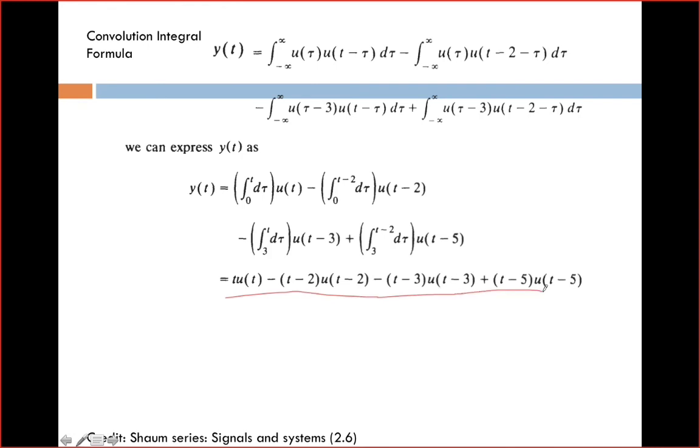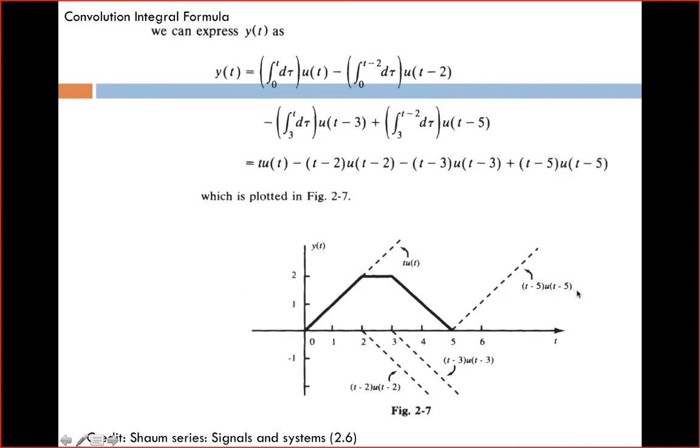Now we have to plot all these functions to obtain the final result. For example, take the first term. It is a ramp function. It means when t increases, y of t will also increase.